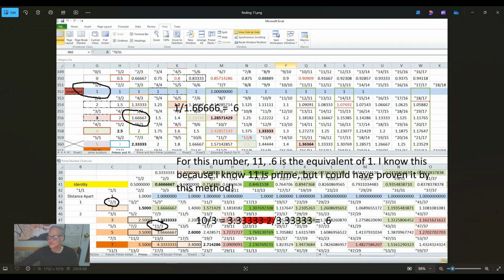It becomes self-evident by looking at what I have written here. So if it was 10 over 3, it wouldn't be good enough because we're looking for 0.6, right? We know this because 1 divided by 1.666 is 0.6, isn't it? And that's our point. And that appears in the column that does not have to be defined by the number 11.